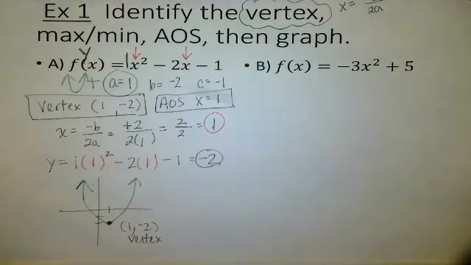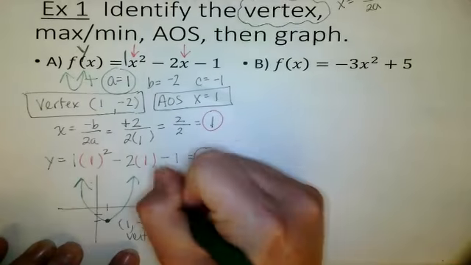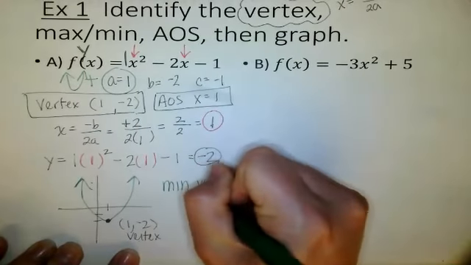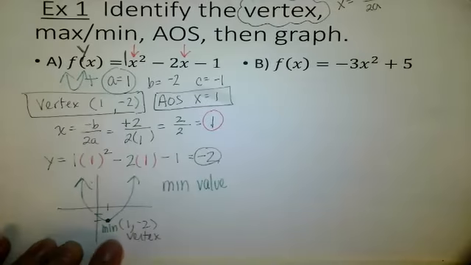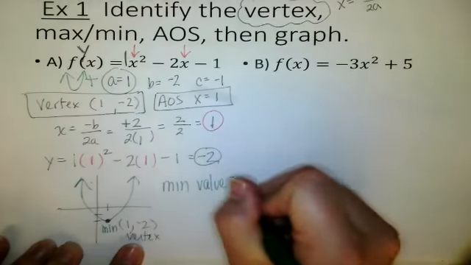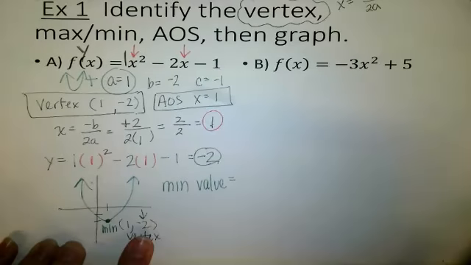So if I know that that's an up parabola, is this vertex a maximum or a minimum vertex? Yeah, it's a minimum. So I have a minimum value, since this is a minimum point. When they ask for the minimum value, it's always, what is the lowest value of this graph?